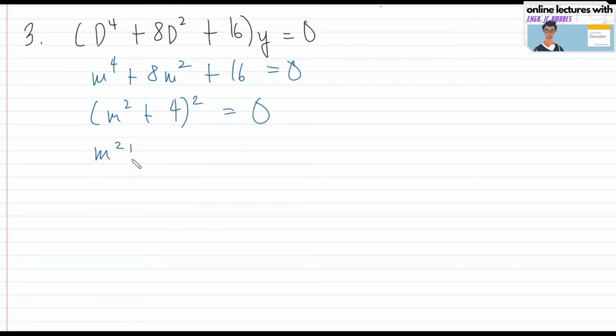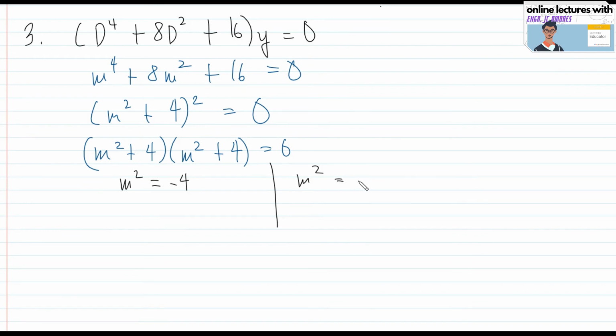So we'll have m squared plus 4 times the quantity m squared plus 4 equal to 0. And what we can see here is m squared is equal to negative 4, and another m squared is equal to negative 4, based on the two roots.